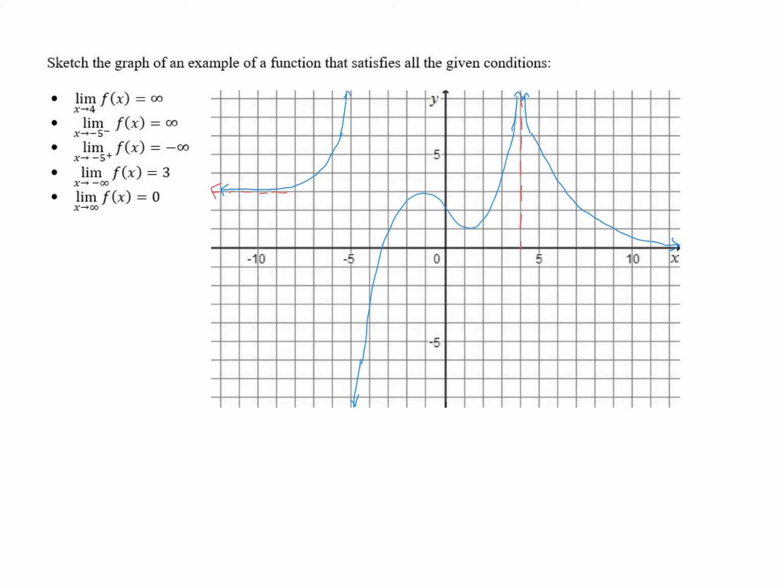So yeah, this is just one example. If you did another example that looks nothing like this, it could still be right if all of these limits are the same. For example, let's pick a different color. We could have another function going like that. And then in the middle bit, it could go like this.